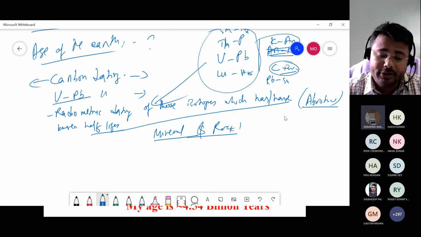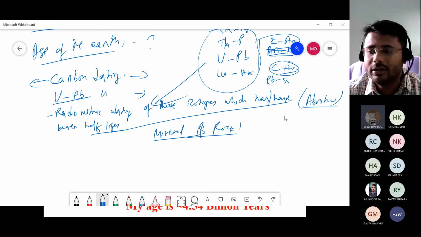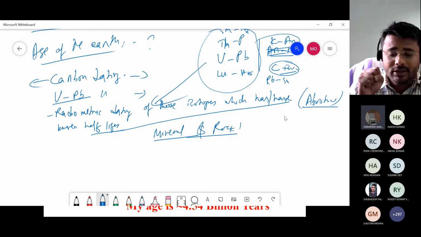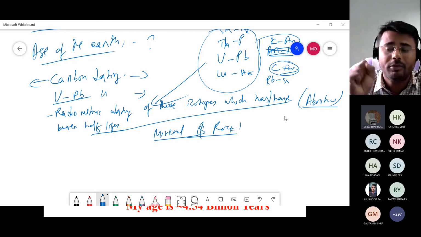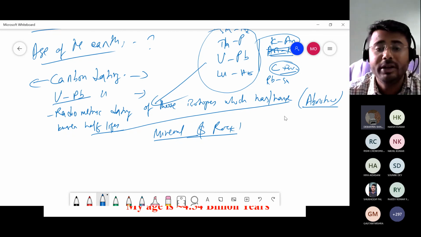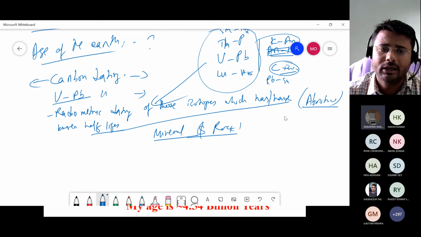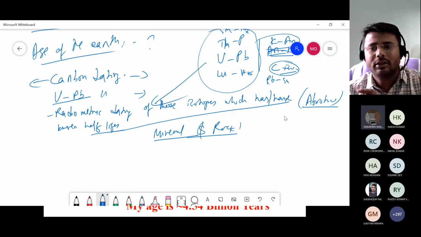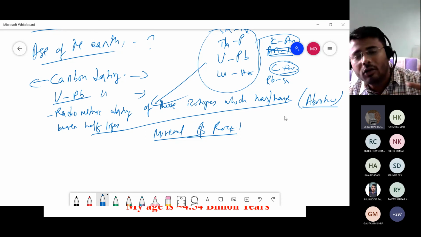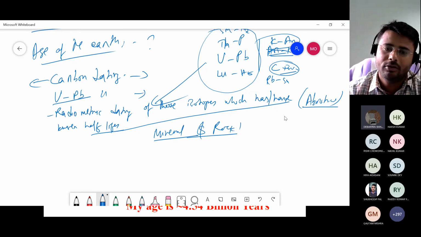This is the sole difference between a mineral and a rock. Mineral is basically a composite of elements, whereas rock is a composite of minerals. Understood? Now it may so happen that multiple minerals may be present in all the different types of rocks.